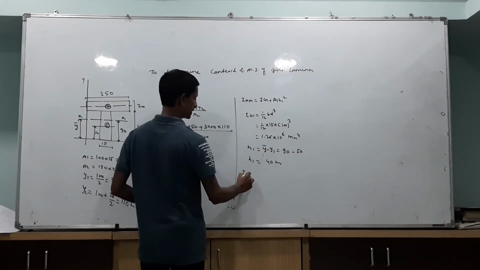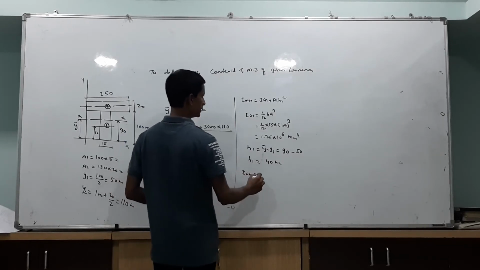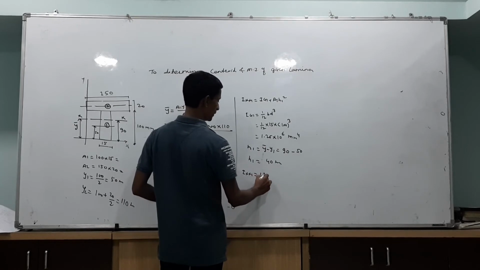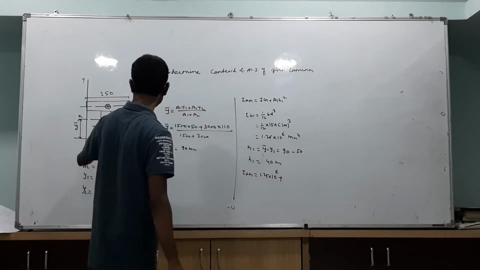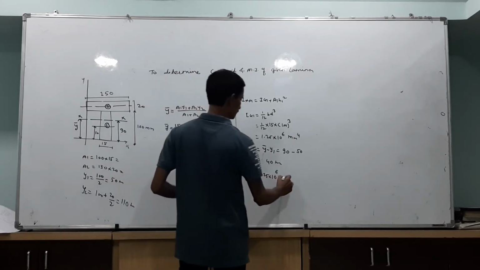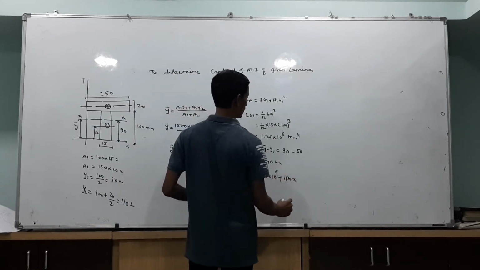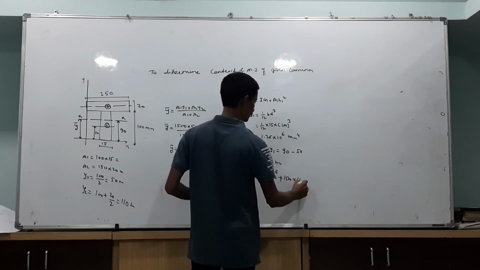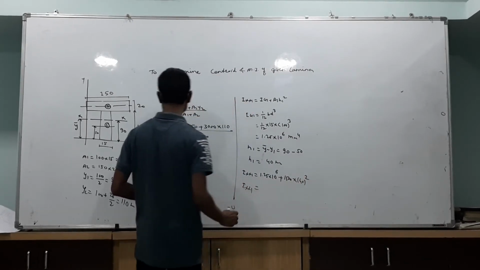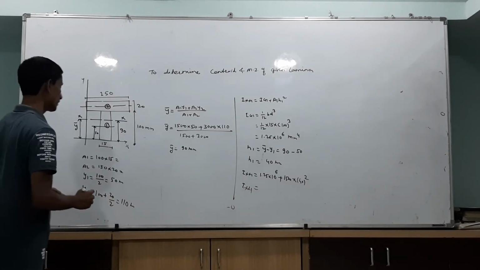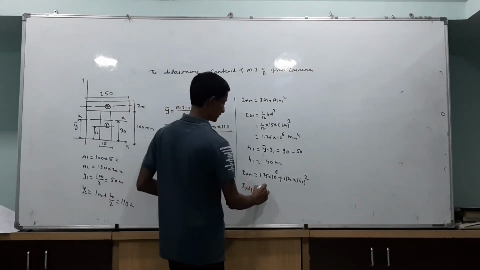So Ixx1 is equal to Ig1, which is 1.25 into 10 to the 6, plus A1, the area of rectangle 1, so it is 1500 into H1, that is 40 square. After calculation we can get Ixx1, its value is 3.65 into 10 raised to 6.